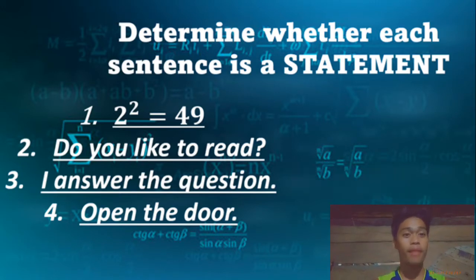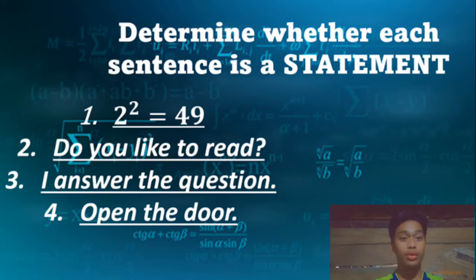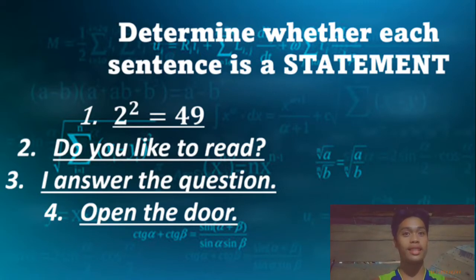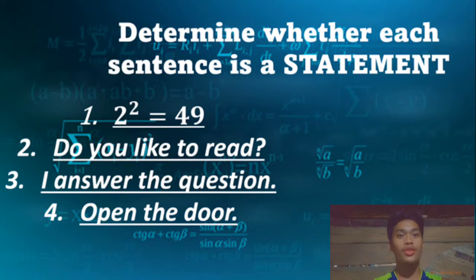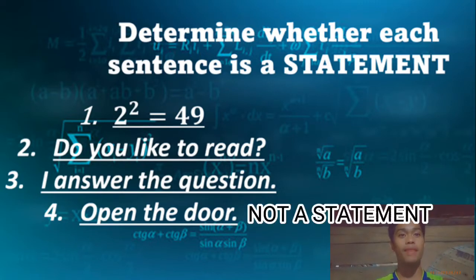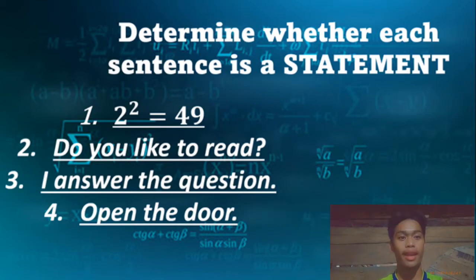Hindi mo man alam kung totoo yun or mali, but he give the information to you and it conveys you. That's a statement. Next, number 4, open the door. Okay, obviously, as like the number 2, we have a kind of sentence: the question, command, opinion, and the statement. So the number 4, obviously, it's not a statement because it's a command.